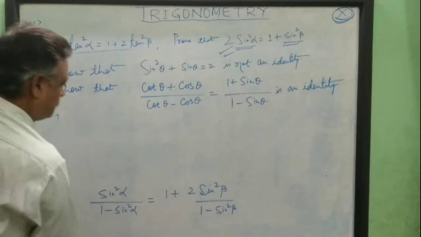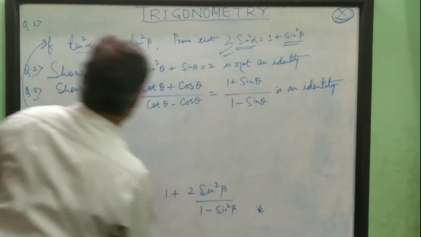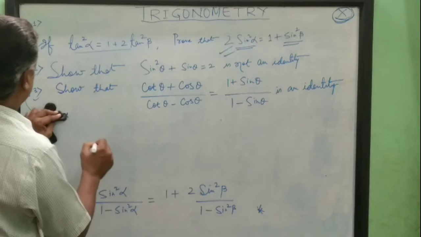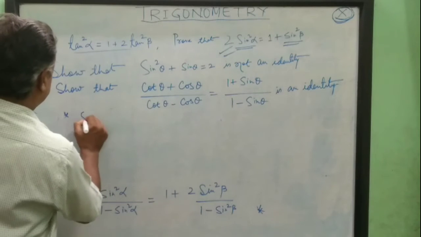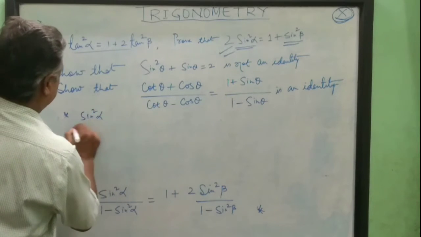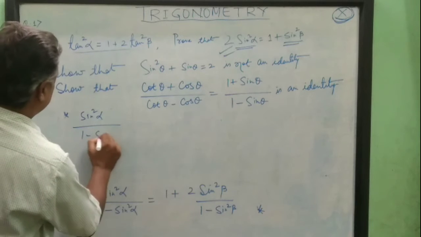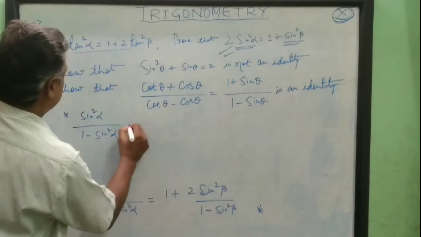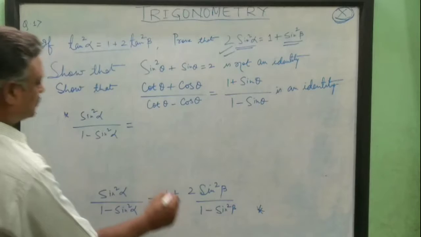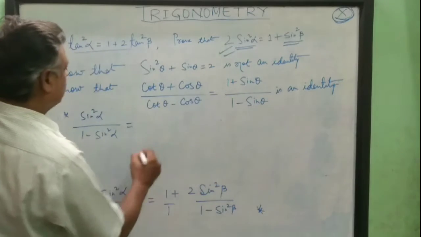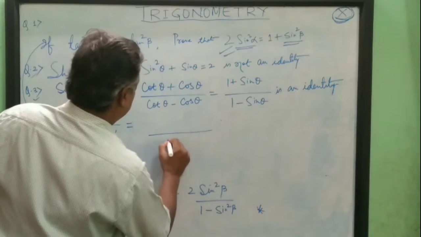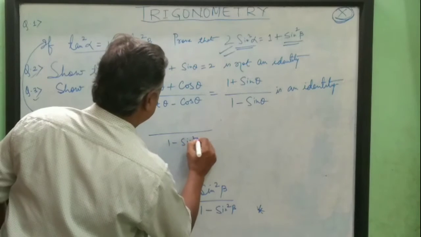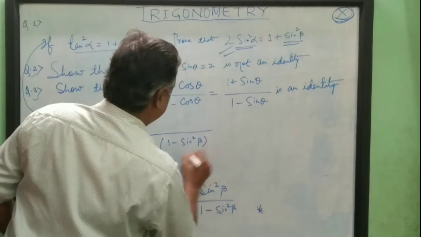Then this side, sin square alpha by 1 minus sin square alpha is equal to, here this side it is LCM, 1 minus sin square beta.